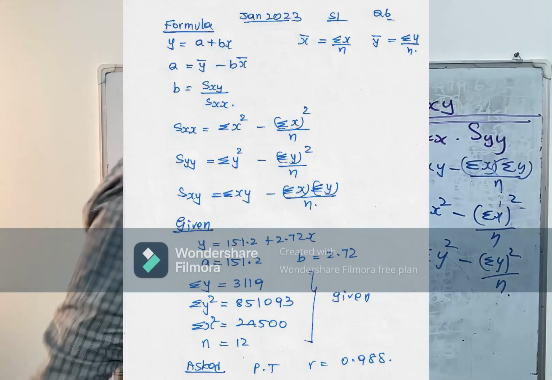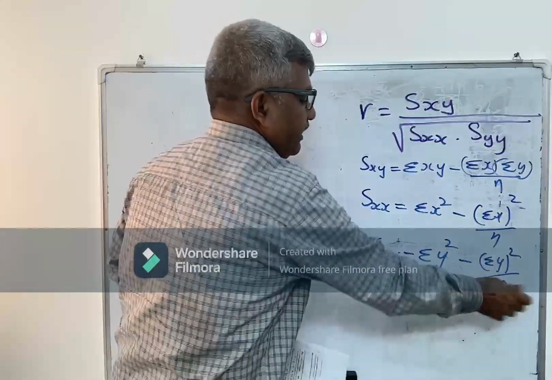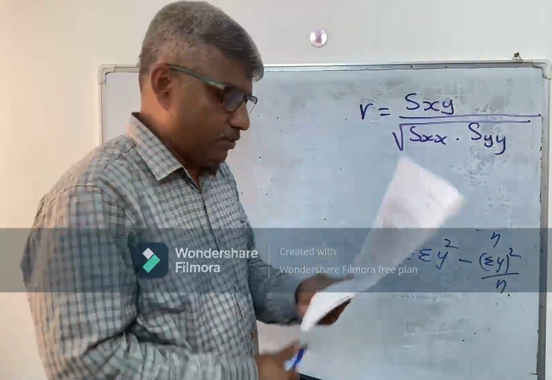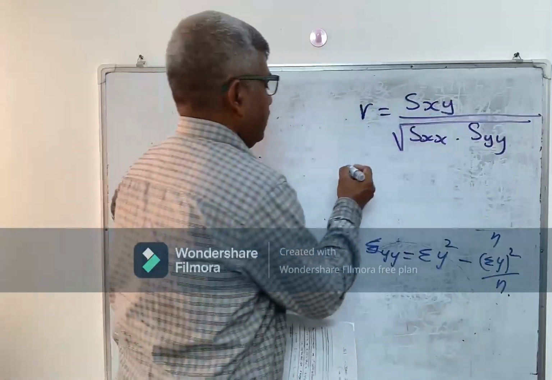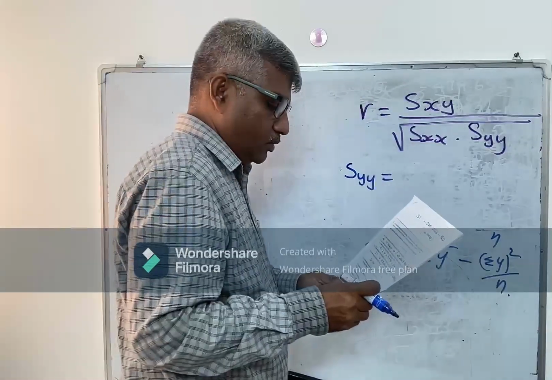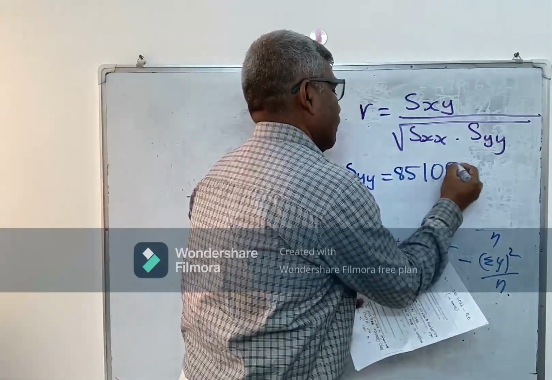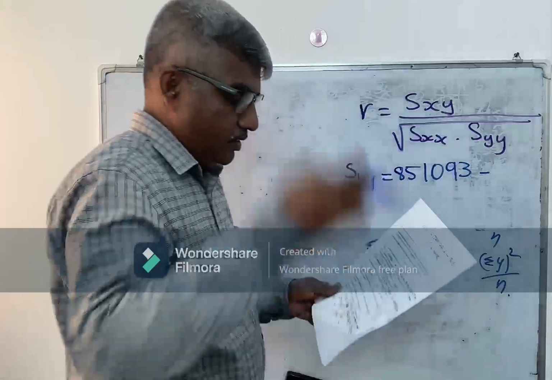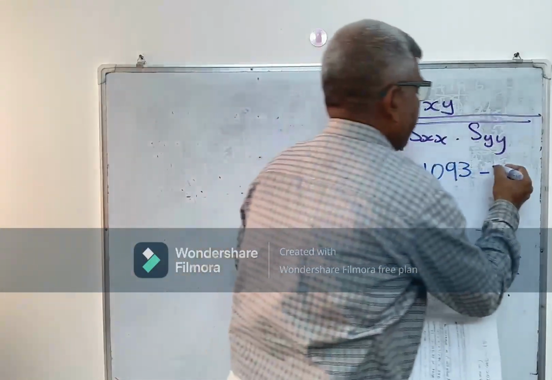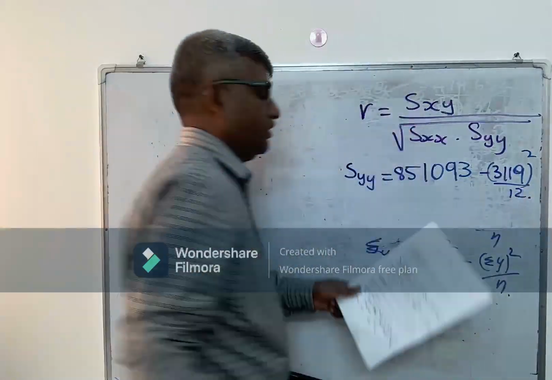First we will take Syy. Why? Because sigma y squared, sigma y and n, the data is given. Very easy to find out. Just substitute all the values. Syy: sigma y squared is 851,093 minus sigma y, which is 3119, squared over n, which is 12.